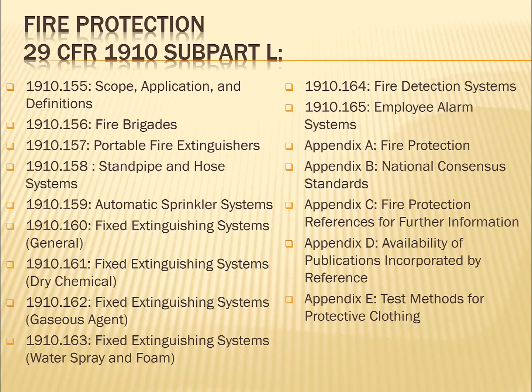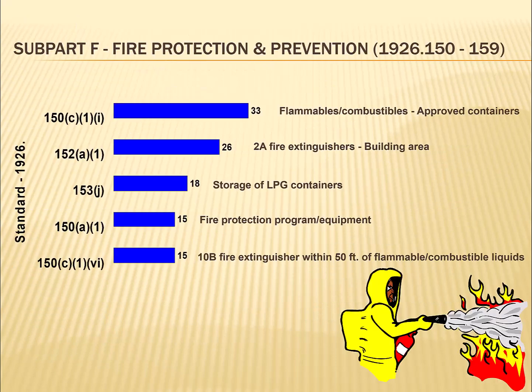And they have a bunch of appendices, so it's very well developed. There's more sections, but still a lot of similar sections dealing with extinguishing systems and such. Okay, so yes, part of the standard deals with flammables or combustibles, fire extinguishers, the storage of flammable materials, the fire protection program and equipment, and the different extinguishers and such.